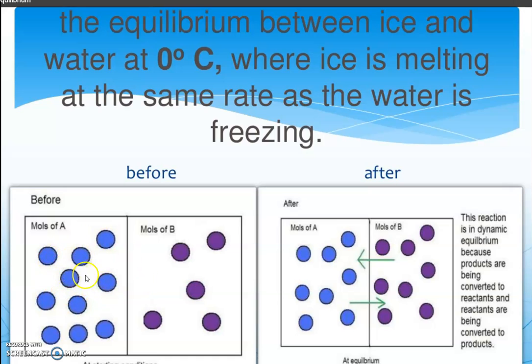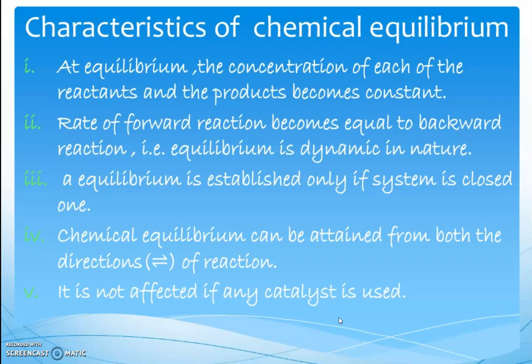After some time, once equilibrium is reached, if you count the moles, the moles of A are equal to the moles of B. If 1 mole of A is transferred to product, 1 mole of B converts back to reactant. Reactant is converted to product, and product is converted to reactant. So it is dynamic in nature.